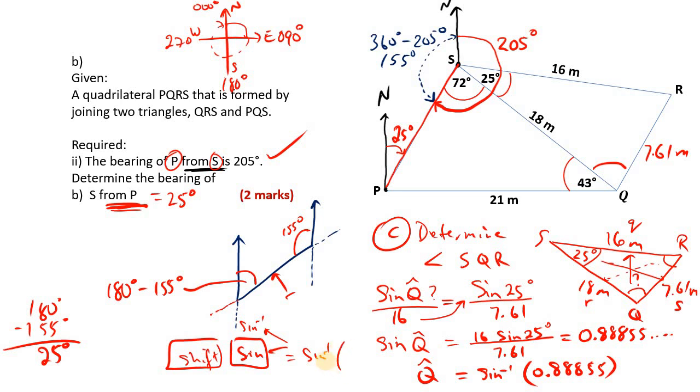So let me do that now. Shift, sine, open bracket, and I put 0.88855, close bracket, equal, and the answer should be 62.6916, etc.